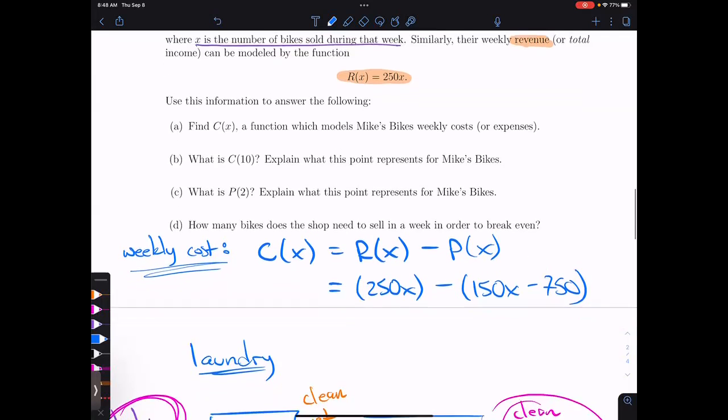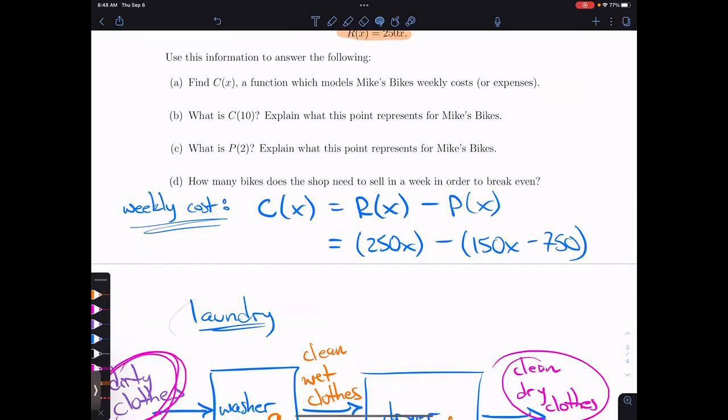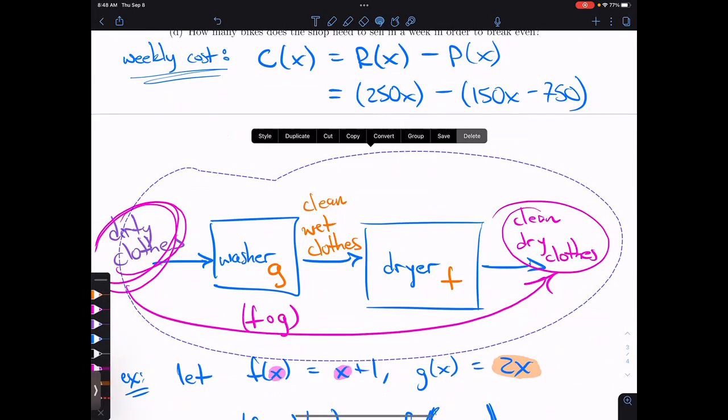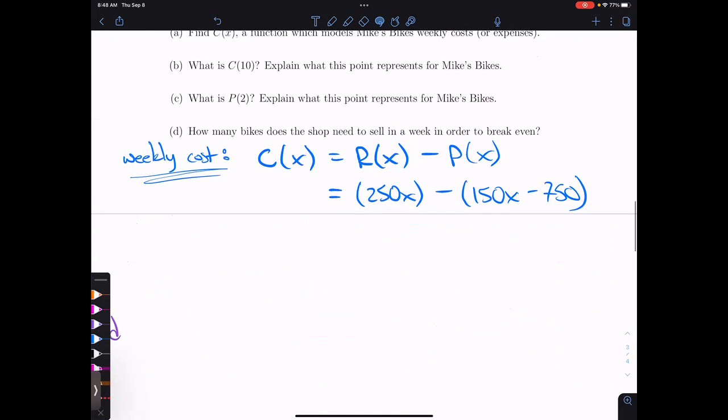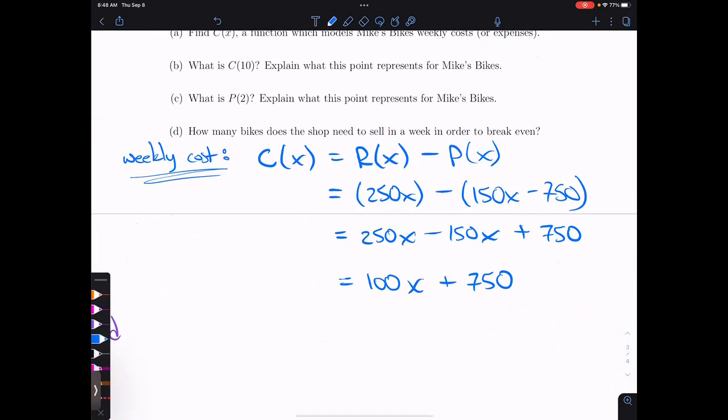We can actually find that function then. $250x minus 150x minus a negative, so plus 750. There you go. That's your cost function.